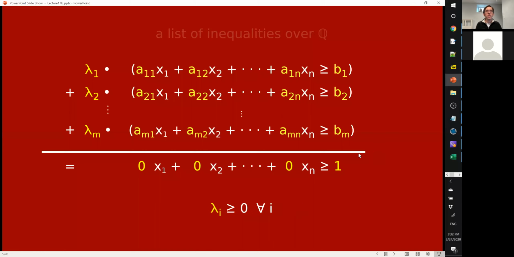So let's just rearrange this a bit. We're looking for lambdas which are non-negative, which is a good start, right? You're allowed to have these as constraints in a linear program. Think of now the lambdas as the variables, and the x's are going to go away, and the a's are going to remain constants, and the b's are going to remain constants.